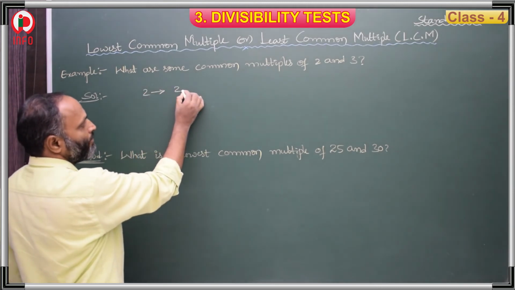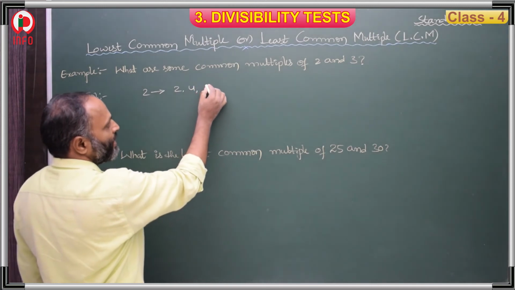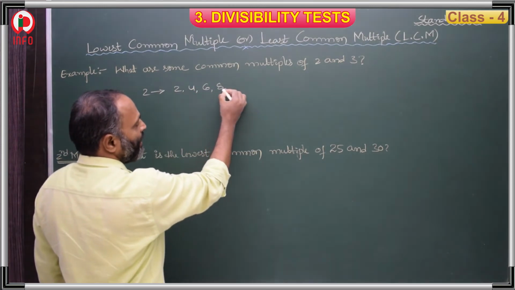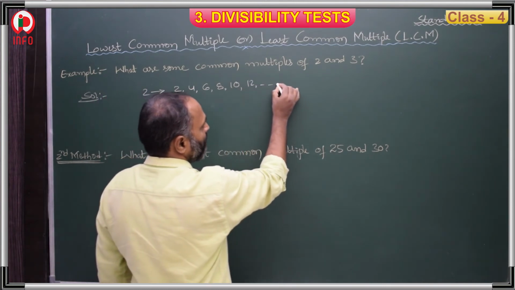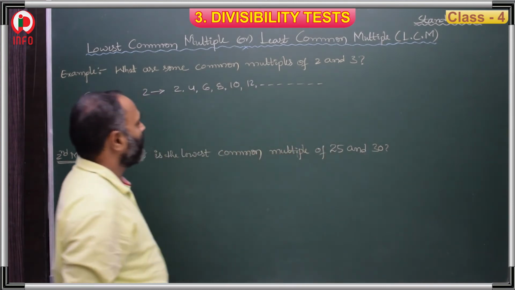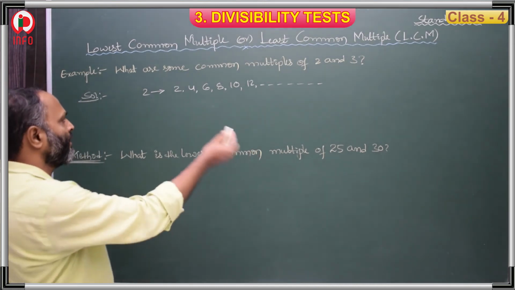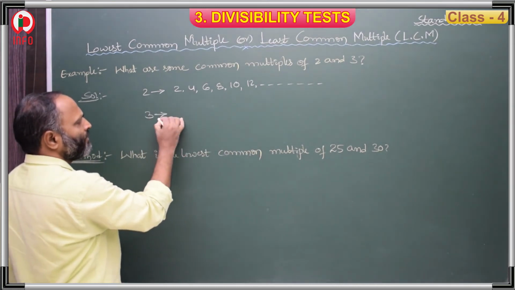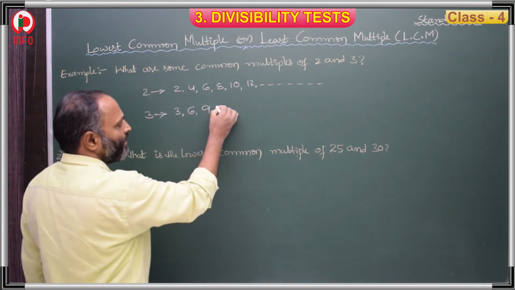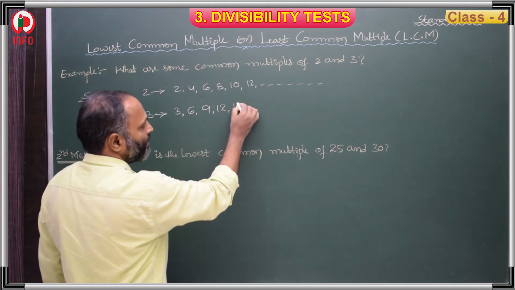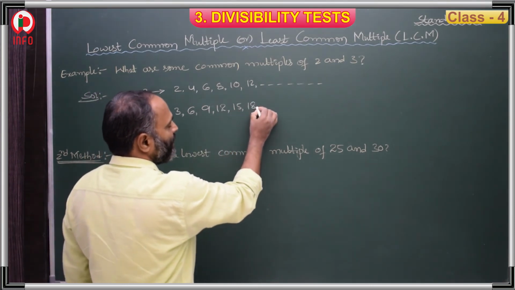2 1s are 2, 2 2s are 4, 2 3s are 6, 2 4s are 8, 2 5s are 10, 2 6s are 12, and so on. All these are multiples of 2. Now the multiples of 3: 3 1s are 3, 3 2s are 6, 3 3s are 9, 3 4s are 12, 3 5s are 15, 3 6s are 18, and so on.